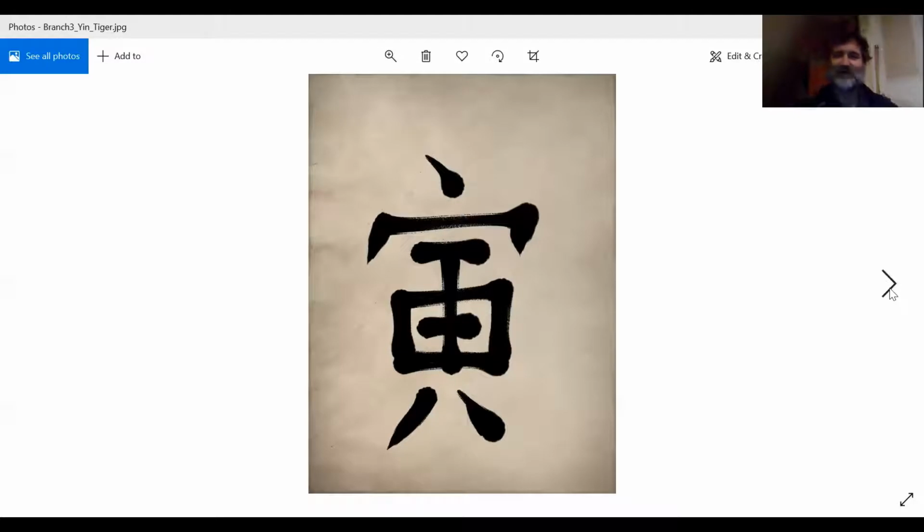So, tiger. Yeah. So tiger, it's worth noting, and this is kind of weird, but tiger is the third sign, but in terms of, say, Chinese New Year, it starts in the tiger moon. It does not start in the rat moon. So the rat, the seed pops open. The ox, the shoot kind of works its way to the surface.